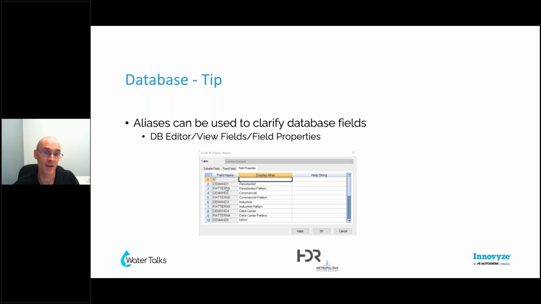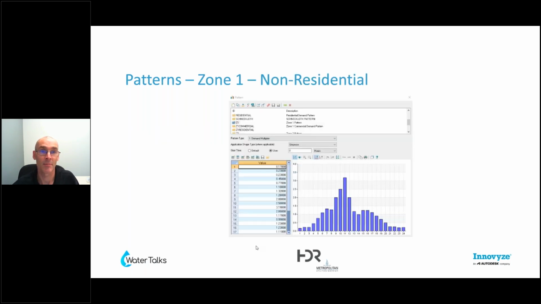You can actually put in a display alias on all of the default Innovyze field names. So we've all seen demand 1, pattern 1, demand 2, pattern 2, but then you can give them a meaning, so when you come in later, it will mean something to you, or you deliver it to the client, and they'll know what's going on. That's how I got those to say residential pattern in the screen before. So again, just a quick little tip.